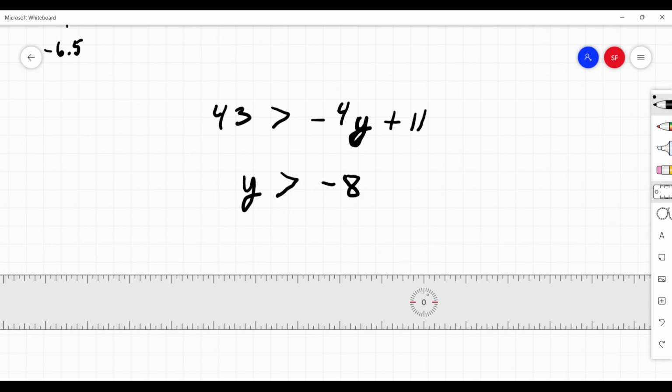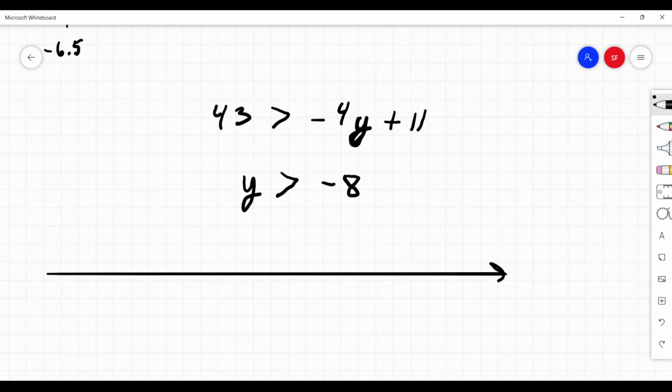And your graph should have looked like this, more or less. You should have had 0 marked, probably counting by ones. -1, -2, -3, 4, 5, 6, 7, 8. Not necessarily. Like if you counted by tens on this problem, I would probably count a point off.